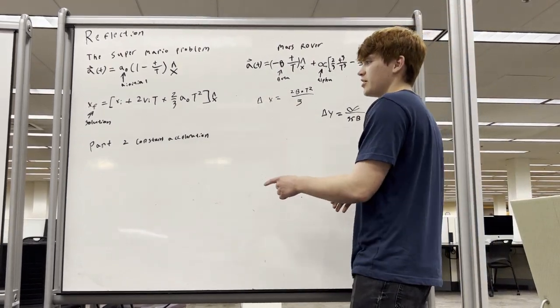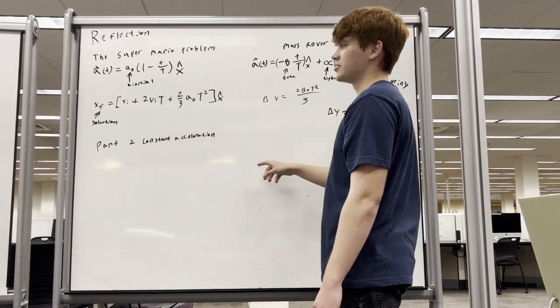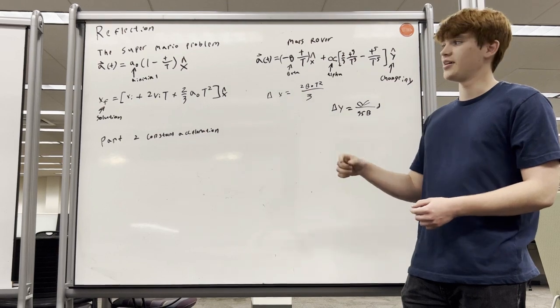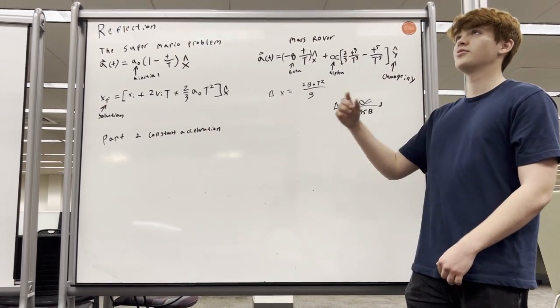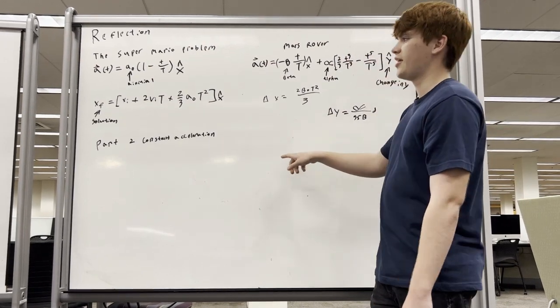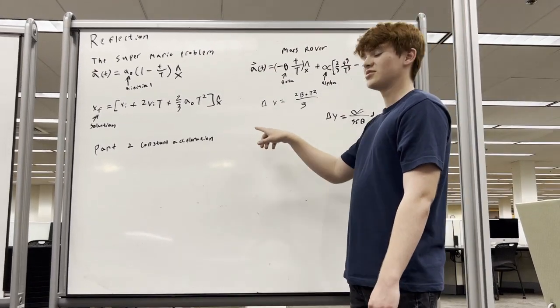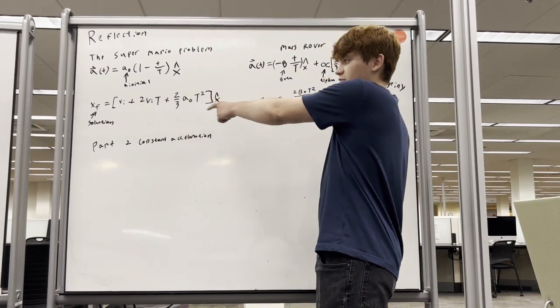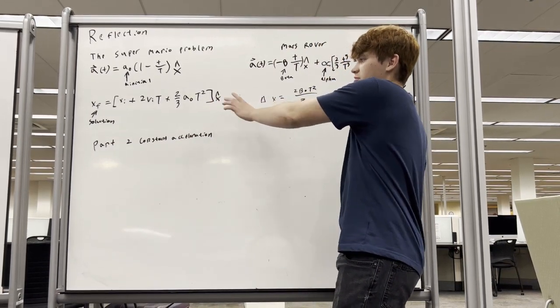For Mario, to get the final position, you had to integrate twice to get the velocity, and then the integral of velocity is the position function. From that, solving symbolically, you'll cancel out the little t and you'll get that as the final solution.